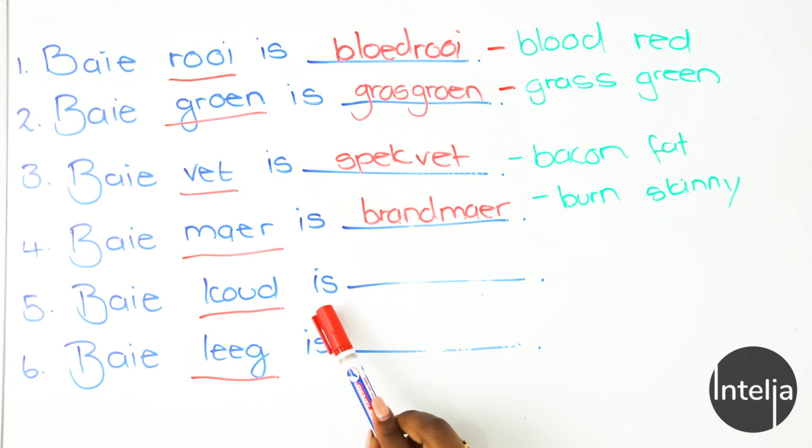Number 5. Baie koud is, very cold. Now, some of these words you should try. What would you associate very, very, very cold temperatures with? Ice. So what is this?